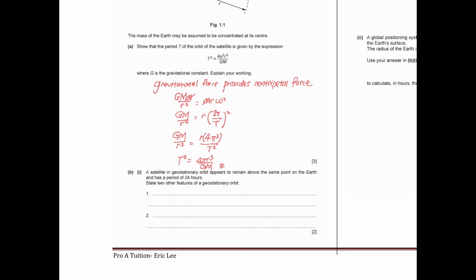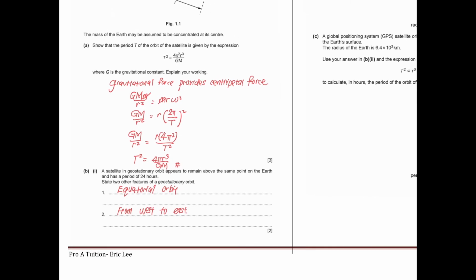So you can say it is an equatorial orbit. That means it's right above the equator of the Earth, and the direction is from west to east. So these are the features. Now let's move on.